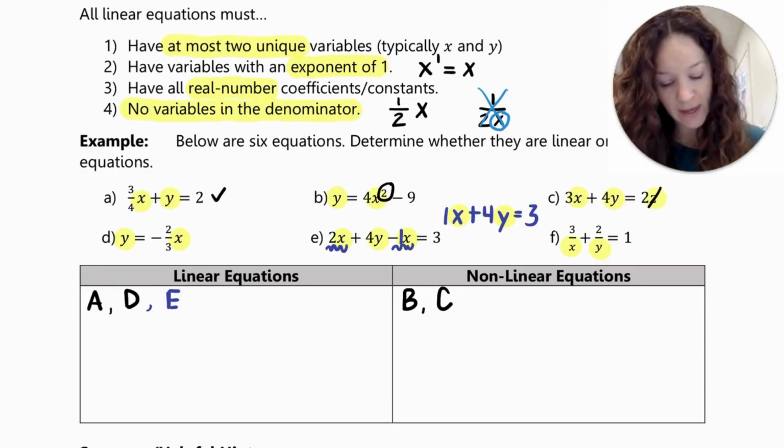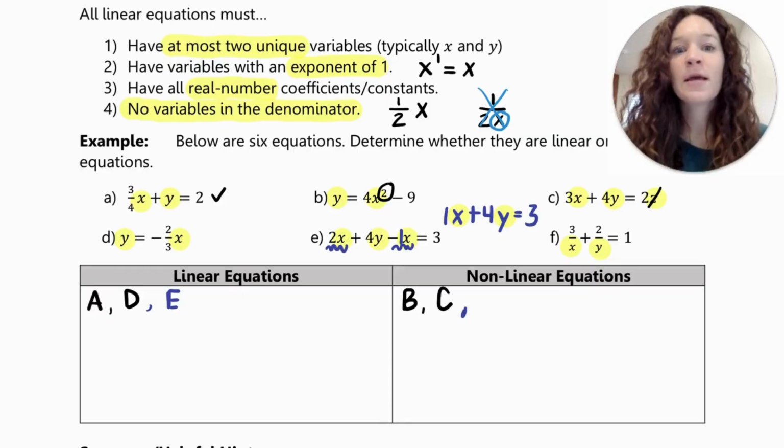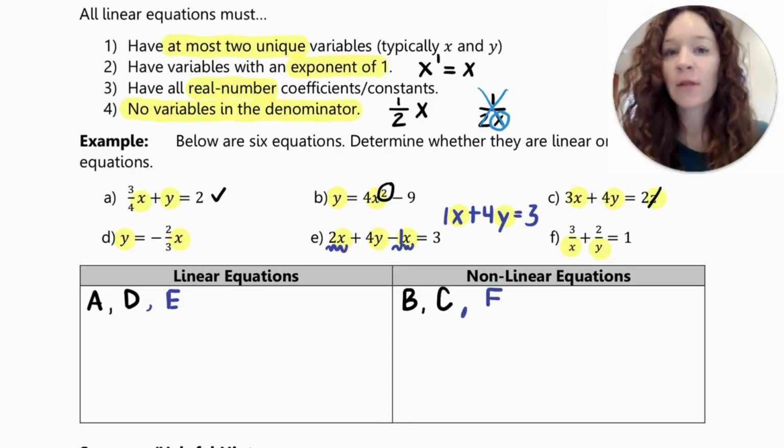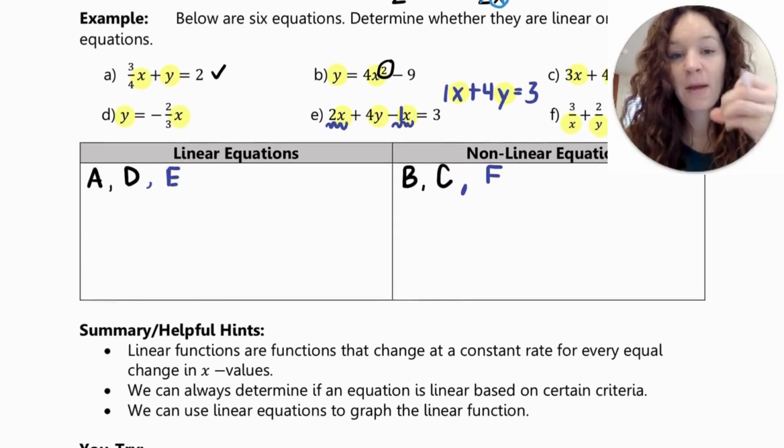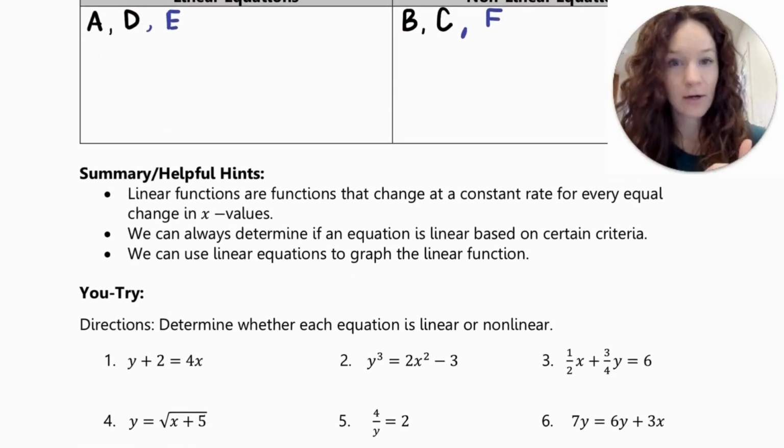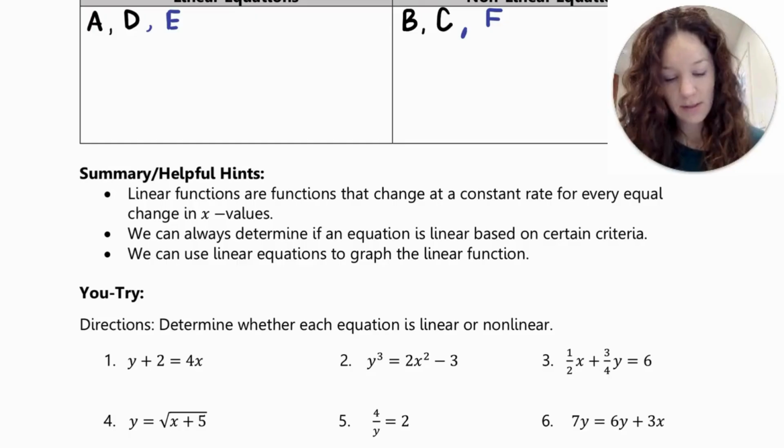So that would make this nonlinear. Now, one thing I want to point out is if only one of those were in the denominator, like the x or the y, and the other wasn't, it would still be nonlinear. Both of them have to just be plain old x, plain old y. Neither could be in the denominator.